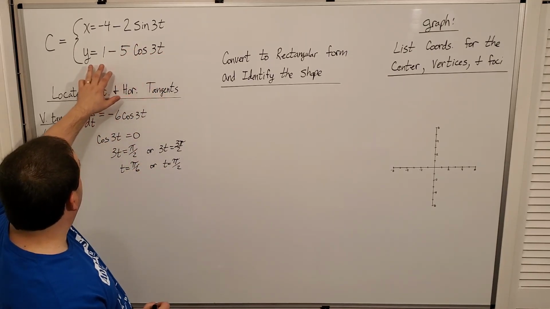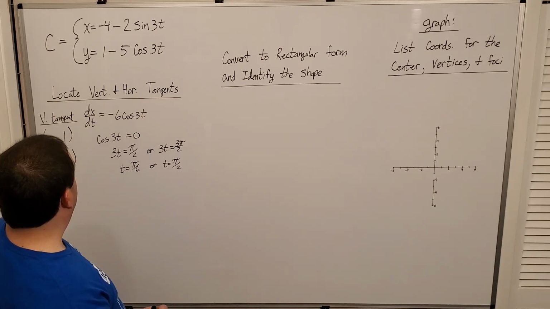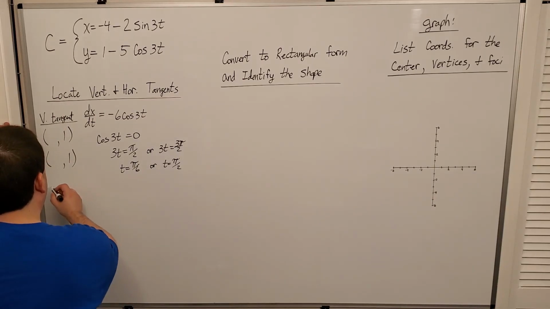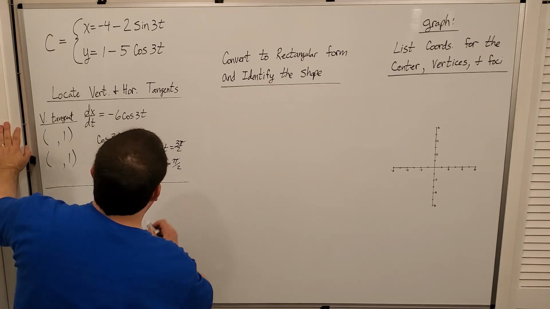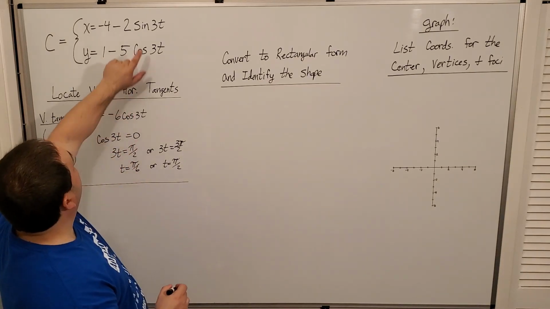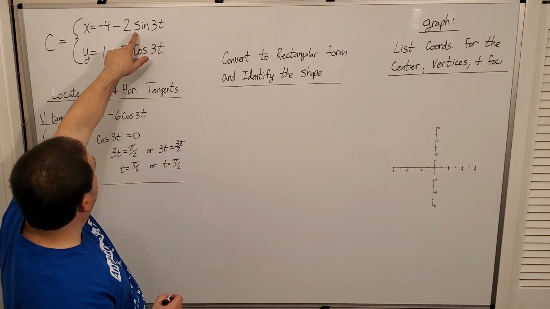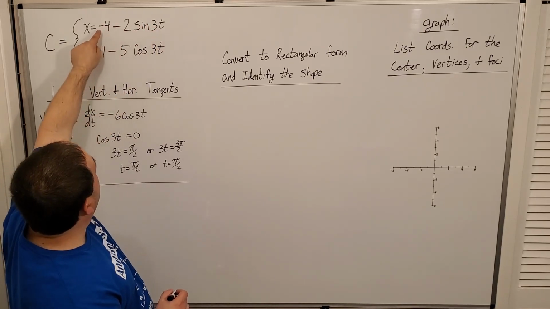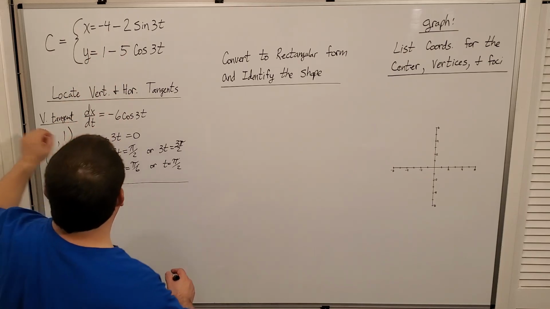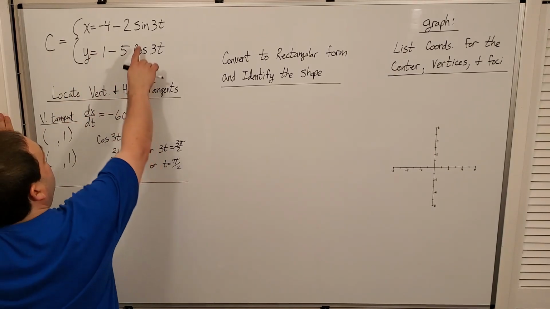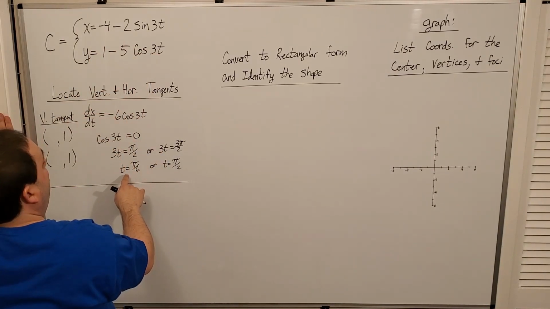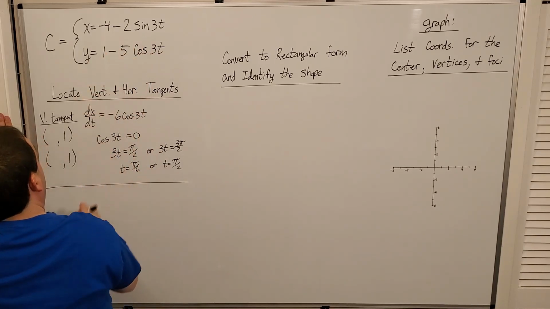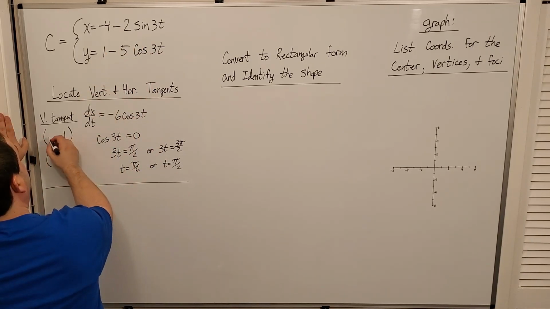So this is going to be 0. So I know the y coordinate on both of these is going to be 1. Okay, so then when t equals pi over 6, I'm doing the sine of pi over 2, which is 1. So I'm going to have negative 4 minus 2 times 1, which is going to give me negative 6.